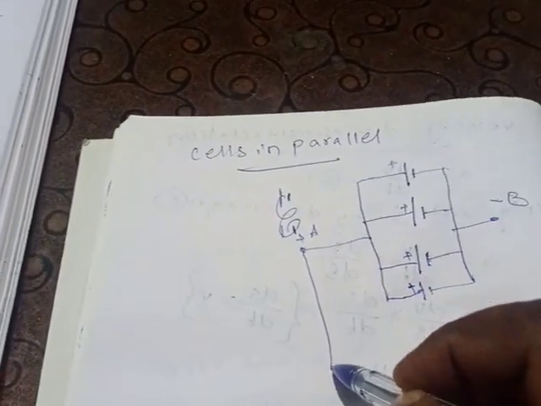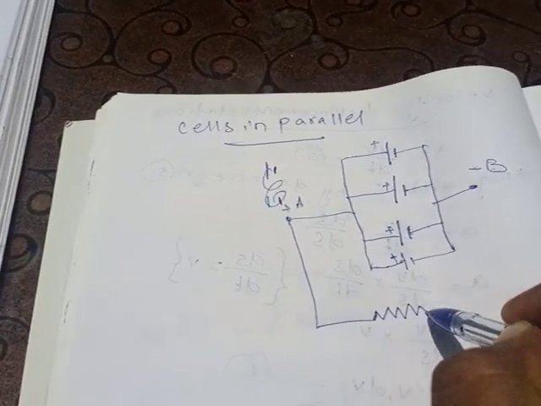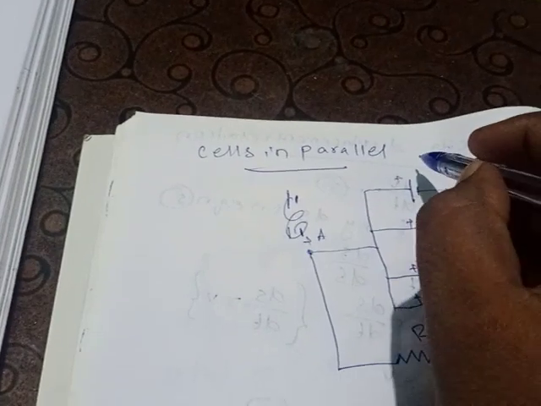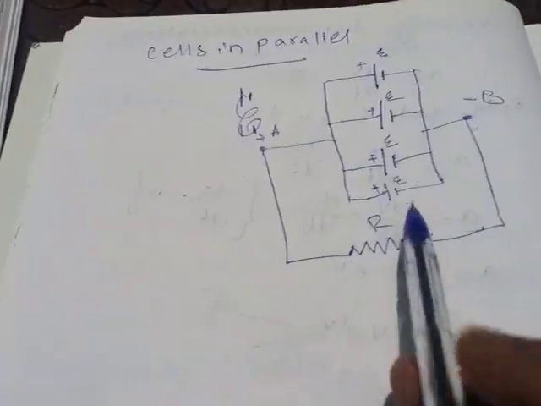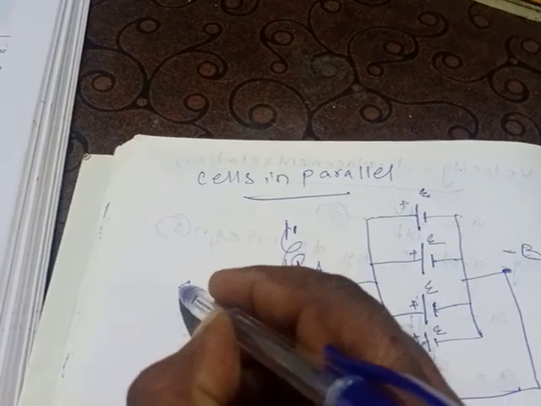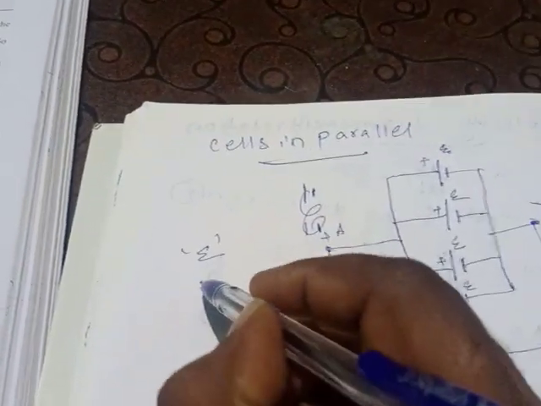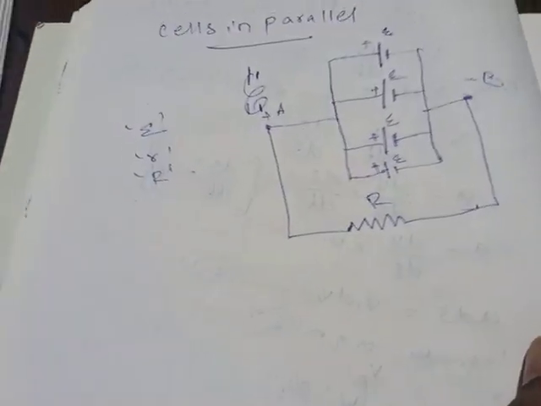Now along with this one external resistor R is connected. This is how cells are connected in parallel. Each cell has its EMF epsilon and its internal resistance r, and external resistance capital R is there in this circuit.